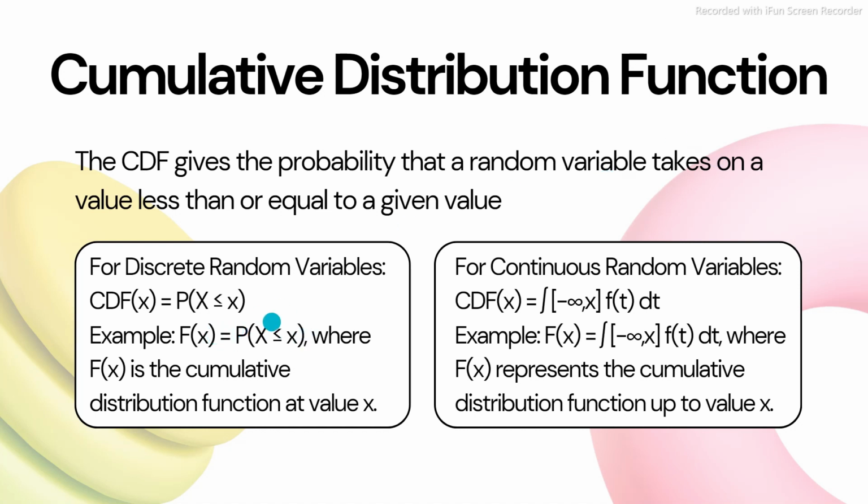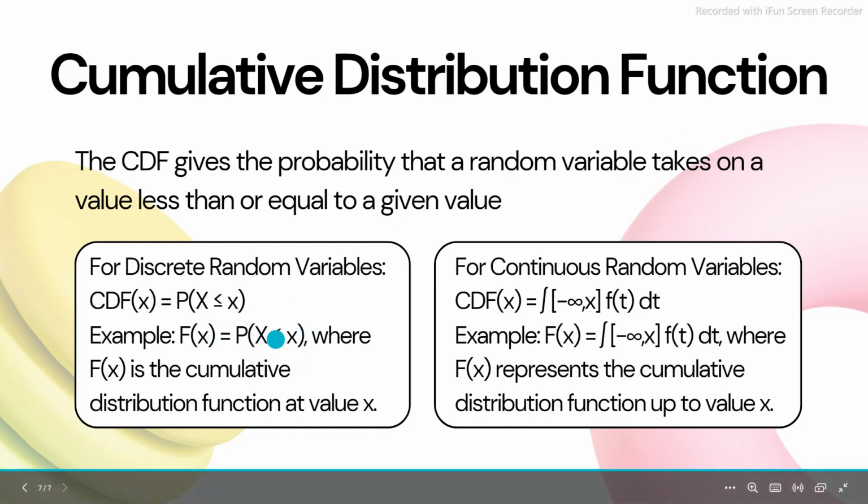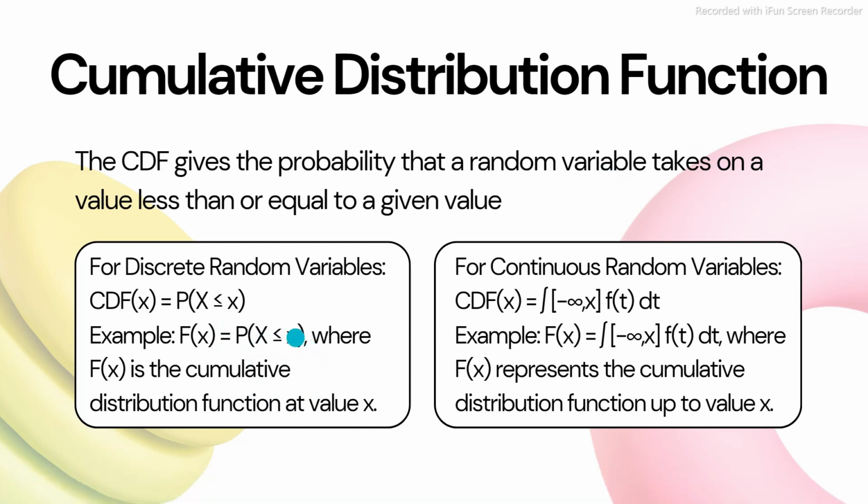Here also we are adding some limitation: P of x must be less than or equal to small x. Here also the summation must be from minus infinity till x, right? And this is what we call the cumulative distributive function. And from this we are going to start different topics like binomial distribution, normal, uniform, multinomial, and Rayleigh, different varieties.